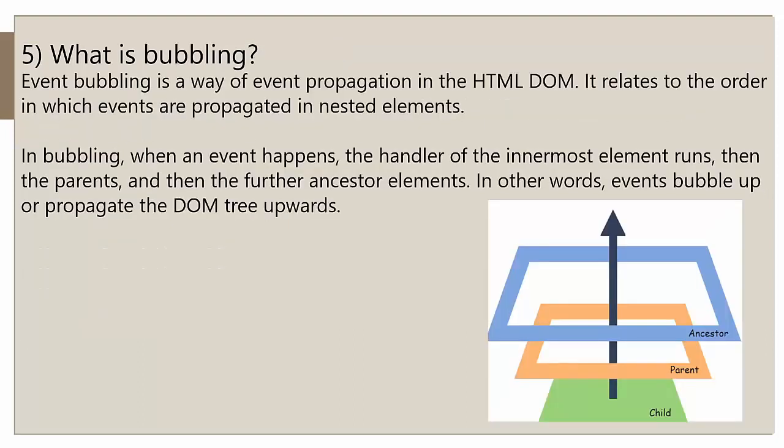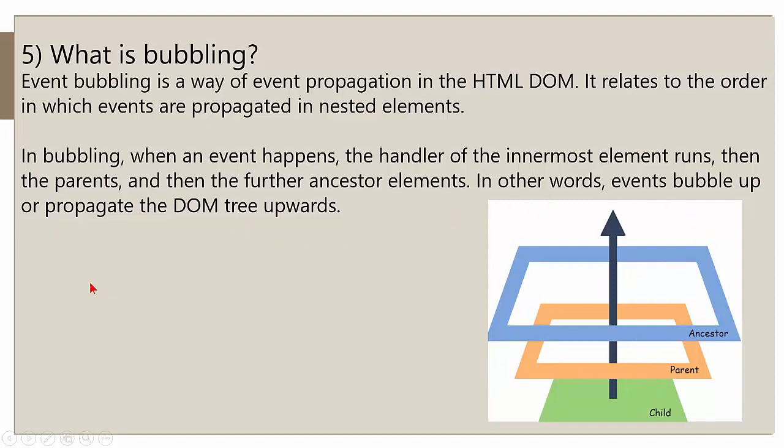What is bubbling? Event bubbling is a way of event propagation in the HTML DOM. It relates to the order in which events are propagated in nested elements. So in bubbling, when an event happens, the handler of the innermost element, you can see here, the child, runs, then the parents, and then the ancestors.